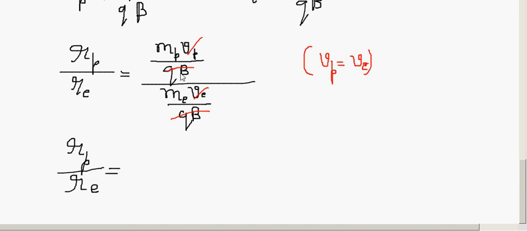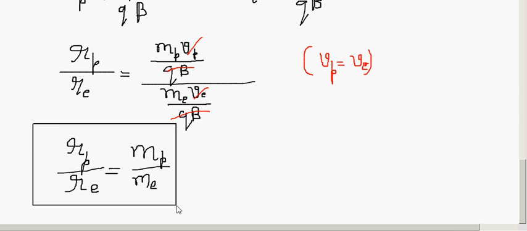Therefore I get Rp by Re is equal to Mp by Me, because radius is proportional to mass. This is the ratio of radii.